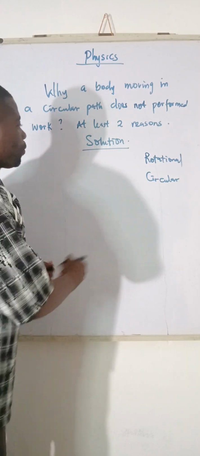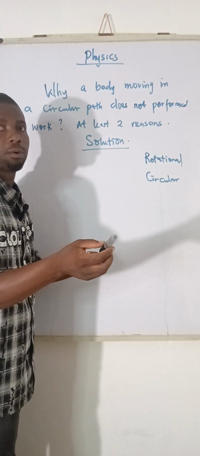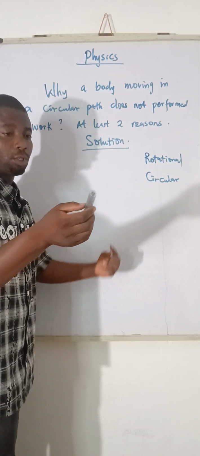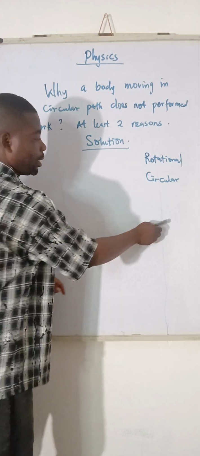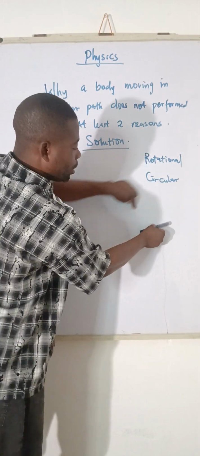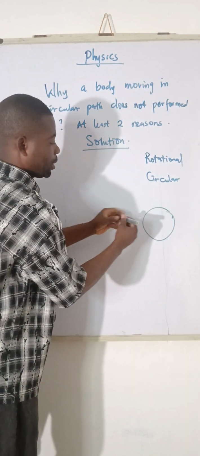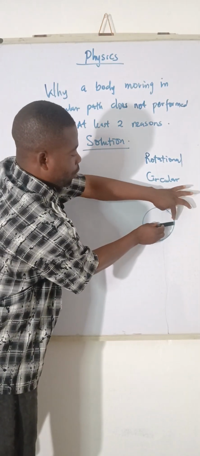You understand? When a body is moving, this is a body, and this body is assuming a circular path. Let me trace out the direction of this body. The direction is this. Can you see? This is the body, and the body is going this way.